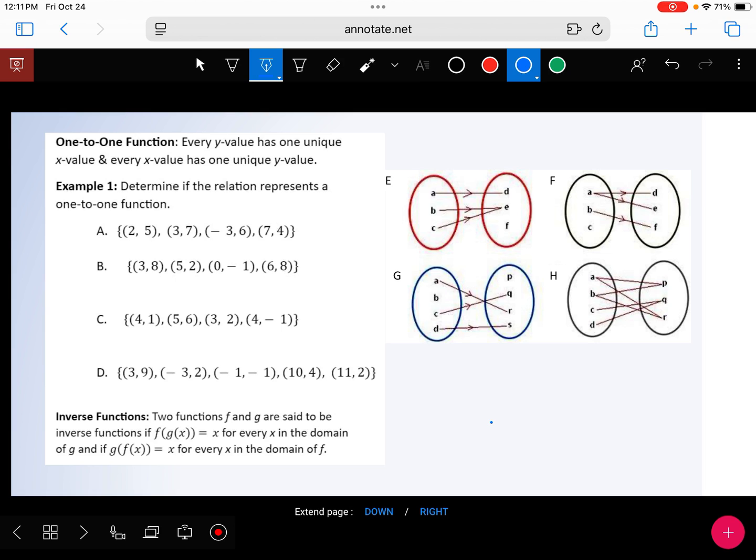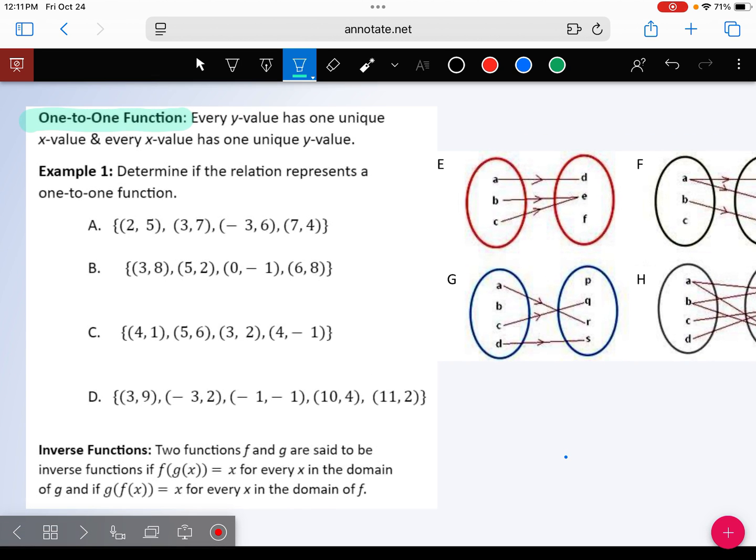All right, so we already talked about determining if it's a function. How do we know if it is a function? What can't repeat for it to be a function? X. But now we're moving on to one-to-one. Well, one-to-one, that's a special type of function. For it to be one-to-one, all of your Y values are different.